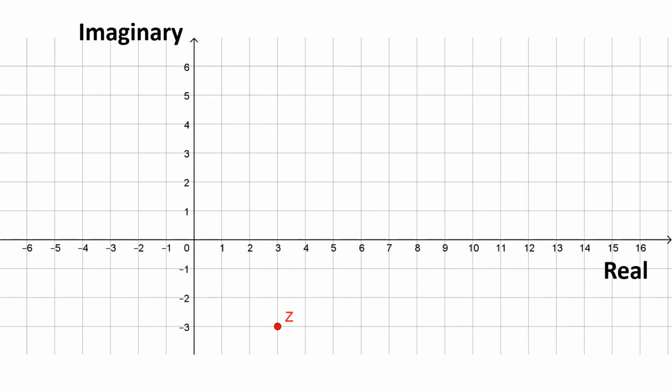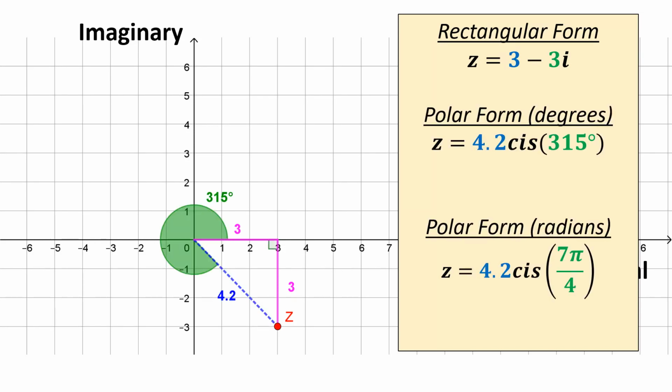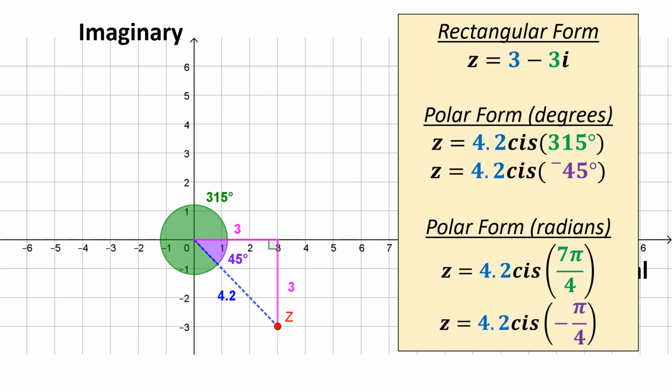When we move into our fourth quadrant, this complex number has a rectangular form of 3 minus 3i, but in polar form we work out the modulus of 4.2, so it would be 4.2 cis 315 degrees. But again, we could work in a negative direction and make it -45 degrees.